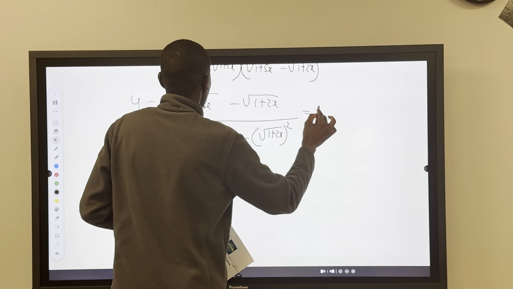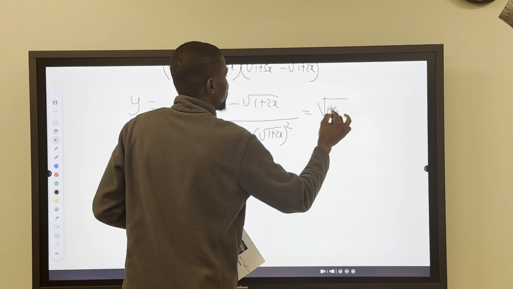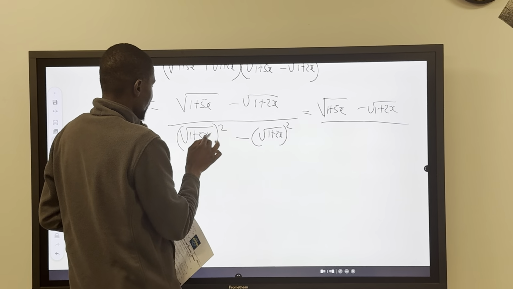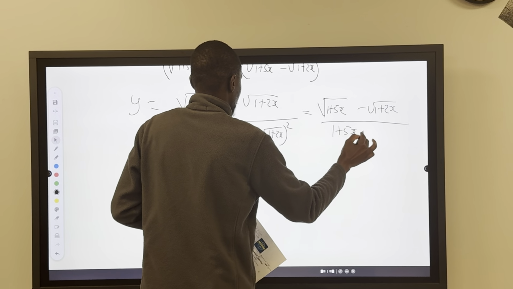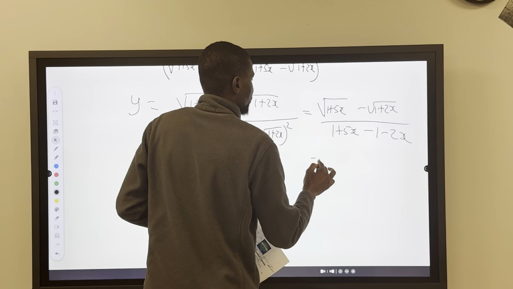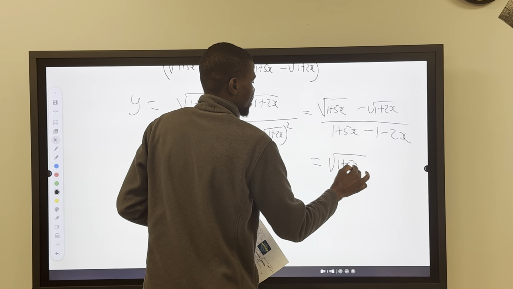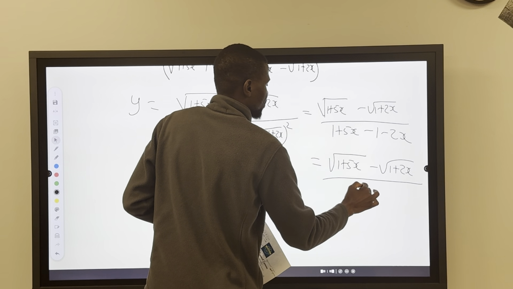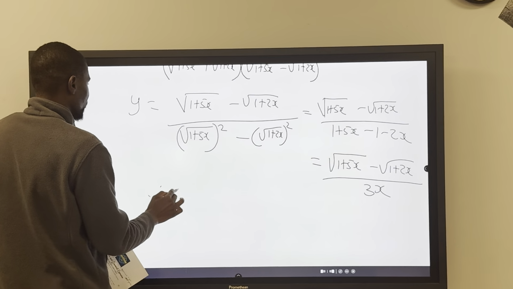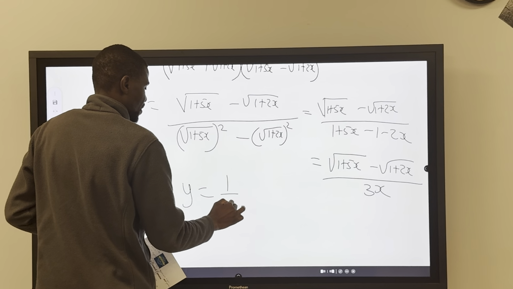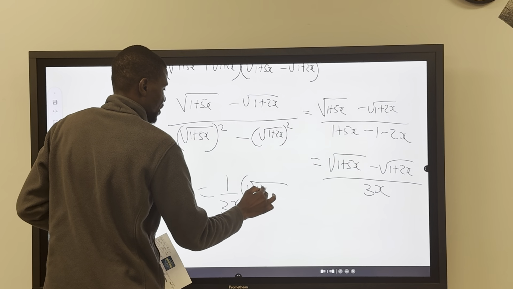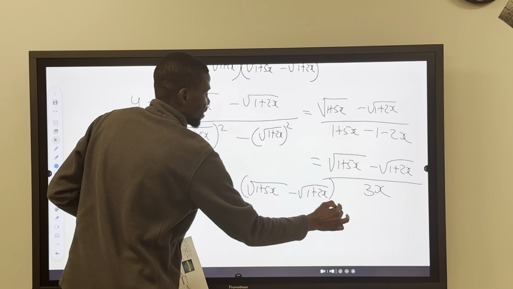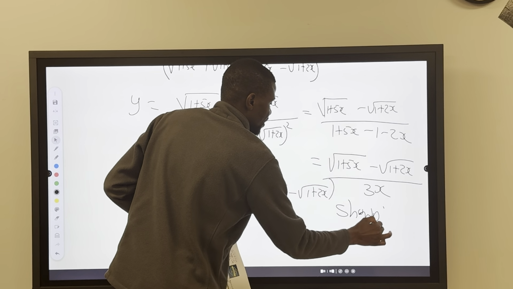Which is equal to square root of 1 plus 5x minus square root of 1 plus 2x over 1 plus 5x minus 1 minus 2x, this and that cancels out, so over 3x. So therefore y equal to 1 over 3x square root of 1 plus 5x minus square root of 1 plus 2x, right? So we are done here.